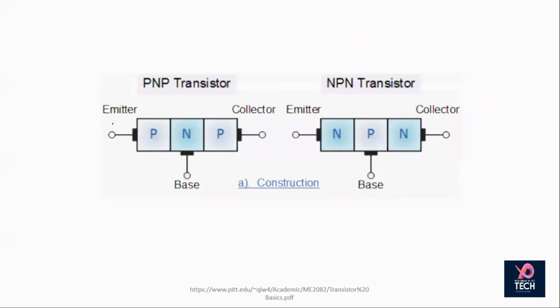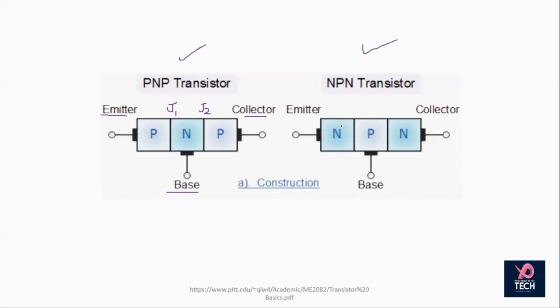Now here you can see two kinds of transistors are there. One is PNP, another is NPN. They have three different terminals: emitter, base and collector. And they have two junctions. This is junction 1, the emitter-base junction, J1, and the base-collector junction, J2.